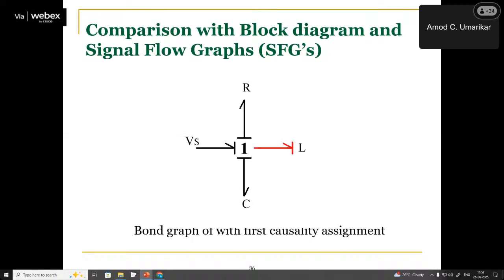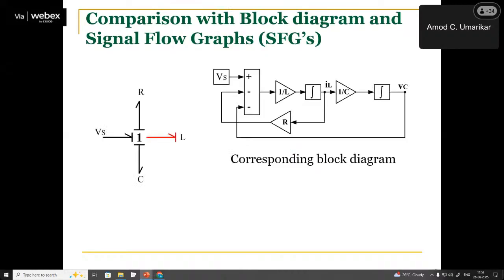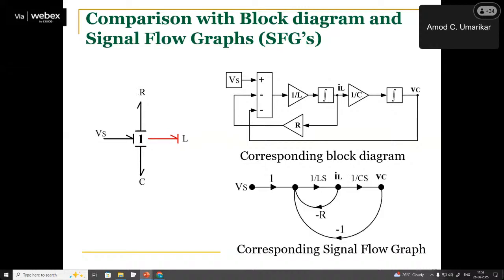This is the first causality assignment. Because you know the one junction rule, only one causal bar can be away, other causal bars should be near. The corresponding block diagram for this, you can write the equation and confirm it, and this is the corresponding signal flow graph.